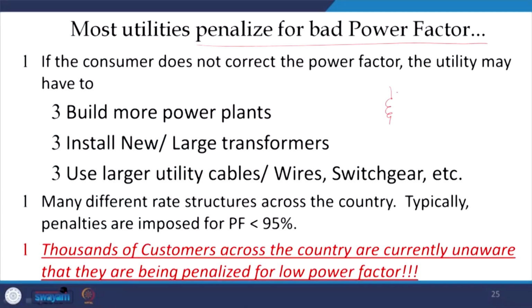So, you generally have an inductor with thyristors in parallel, so you can bypass this inductor, or you can allow current to flow through this inductor.